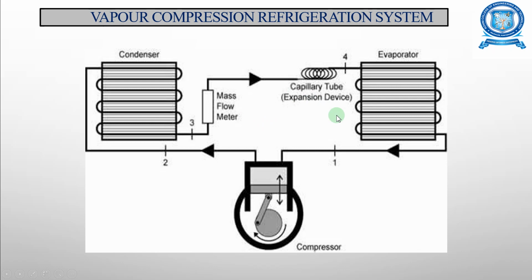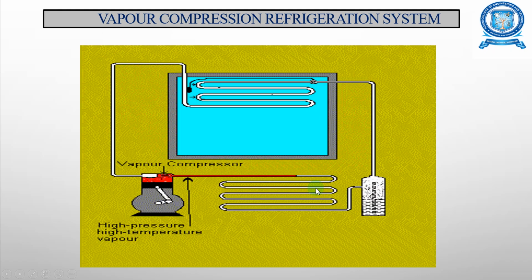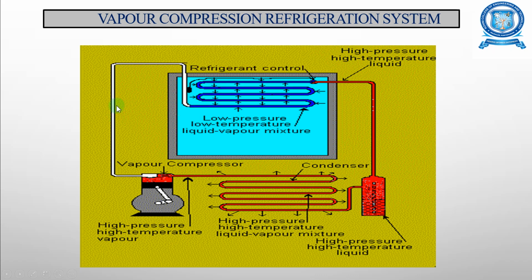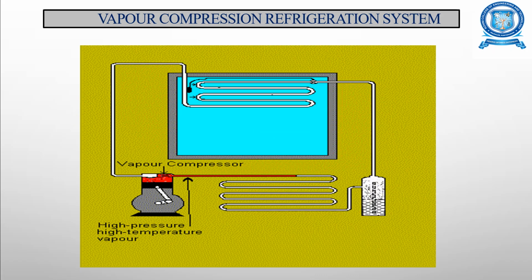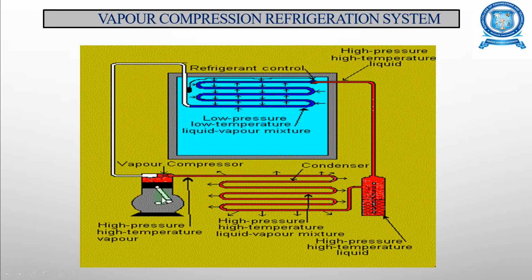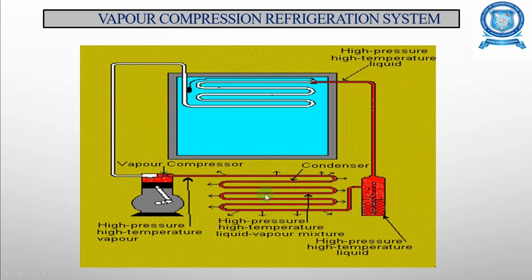This is the same figure shown in a zoomed manner. This is the animated view of the vapor compression refrigeration system. This is the vapor compressor, and this is the condenser unit, and you can see the animations of this.